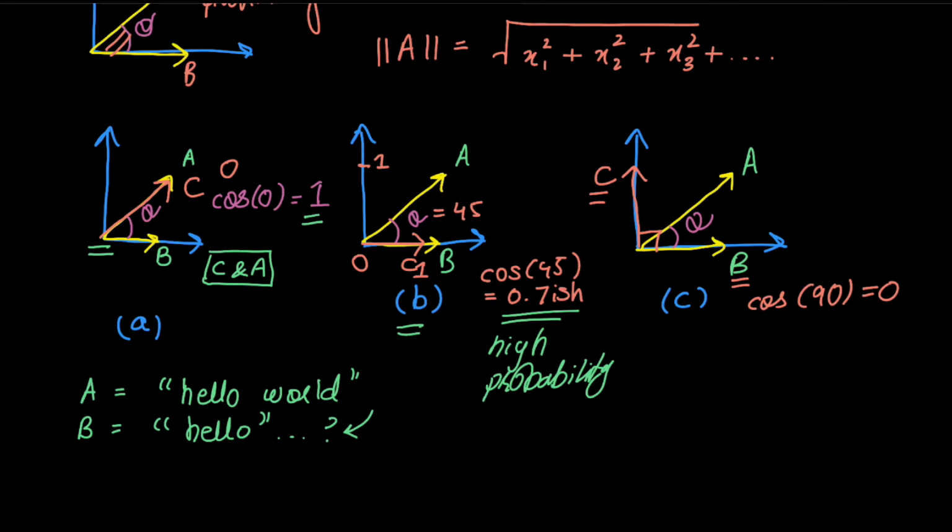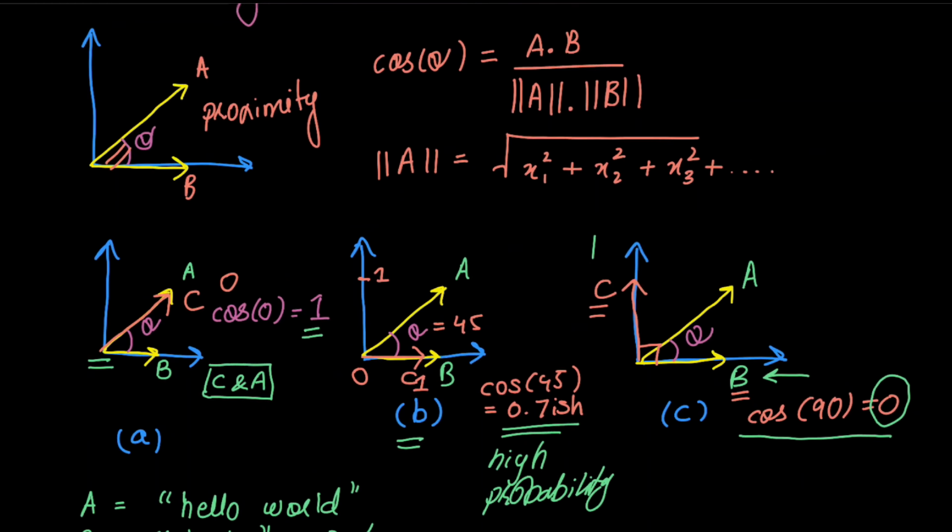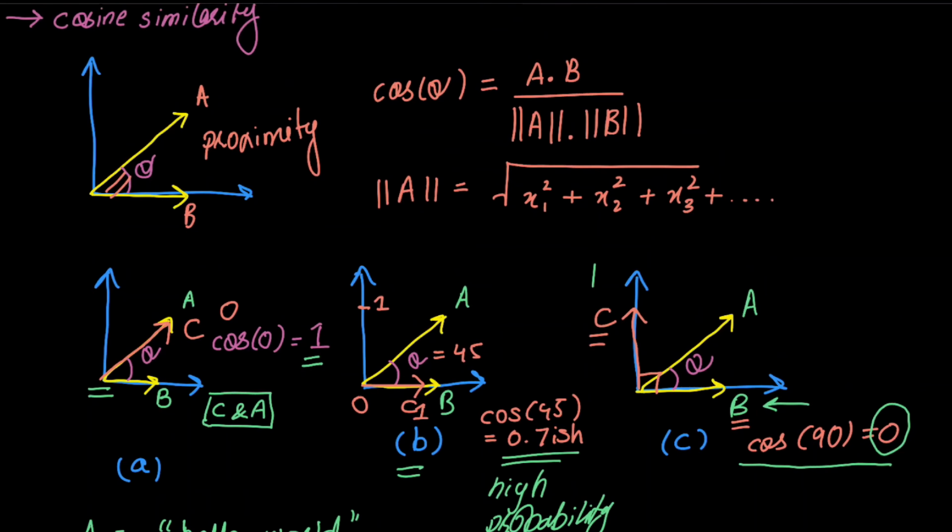And in the very last example, we have cos 90. So both C and B are perpendicular to each other, which means they're far apart. They're not entirely in the opposite direction, but it seems like they don't have anything in common. That's what is represented by the 0 over here. So that's how cosine similarity plays an important part in embeddings.